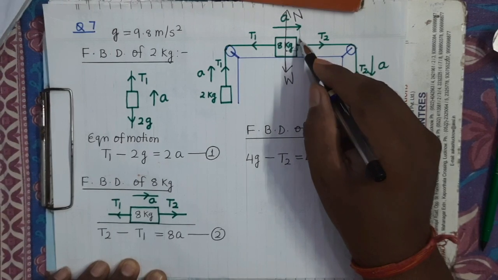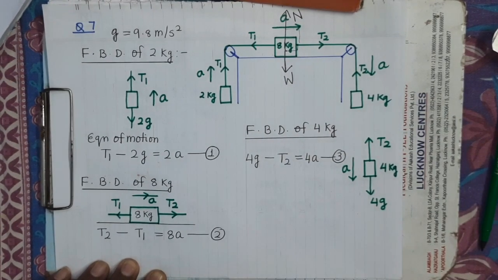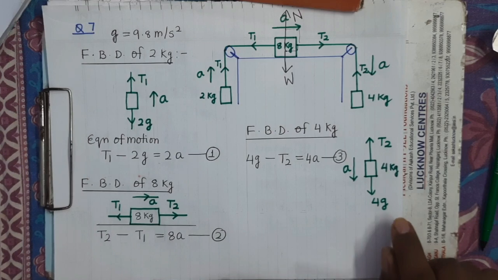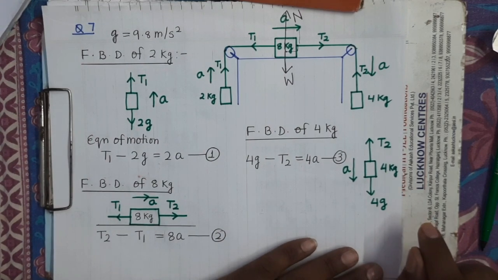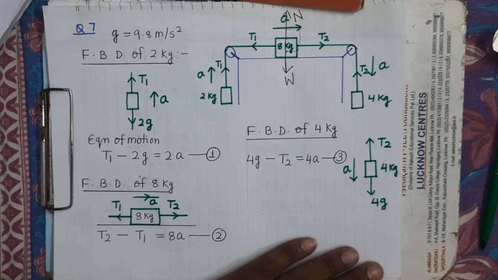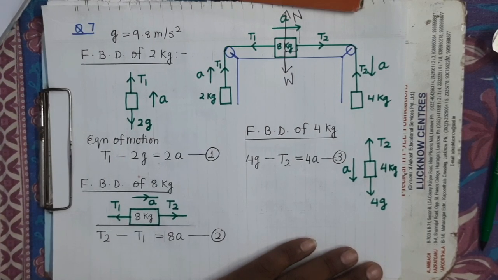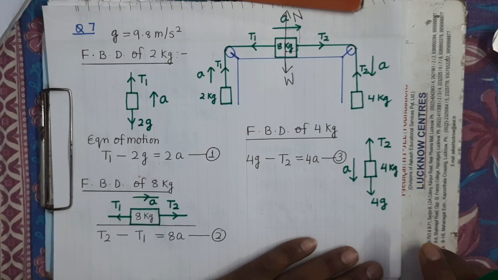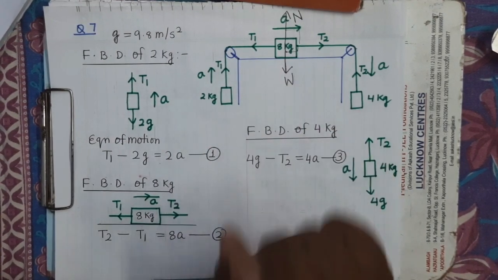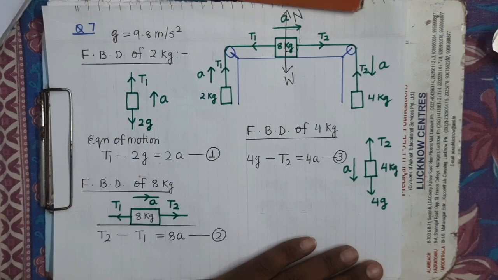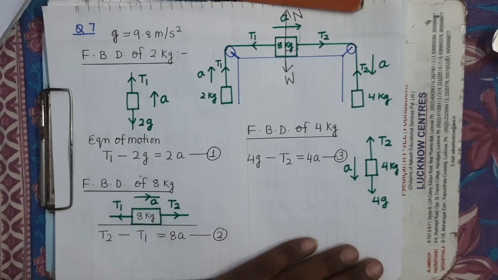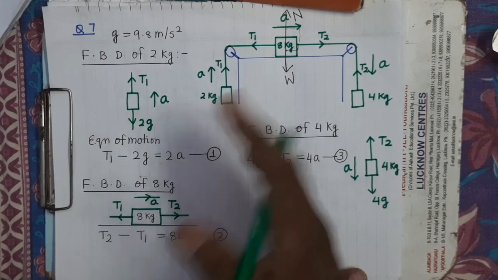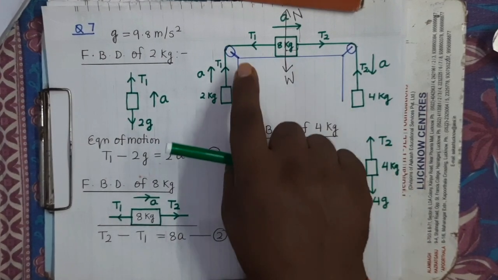Its component N cos 90 will be 0. So if motion is in the horizontal direction, you remember this: for writing the equation of motion, we will ignore the forces which are acting in the vertical direction, provided there is no friction. If there is friction, then we will show it. It's clear. That is the other case when we will discuss friction. So here everything is frictionless. There is no friction between block and table.